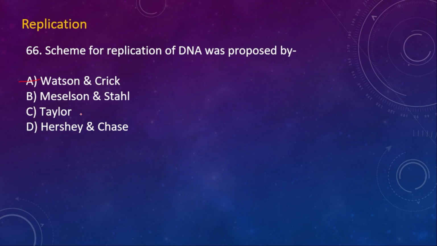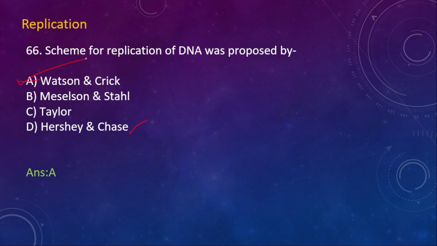Herbert Taylor performed a similar experiment using radioactive thymidine in plant roots, especially Vicia faba. It is also given in NCERT. Hershey and Chase performed the blender experiment. Here the replication of DNA was proposed by Watson and Crick.